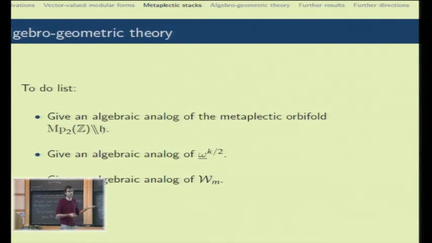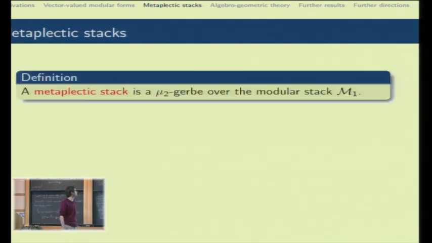When I say algebraic analog, I really should say a moduli theoretic analog. I'm going to interpret this as a moduli space. Then over that, I'm going to construct this omega^(k/2), and then I'm going to construct another stack and give you this algebraic analog of the Weil representation local system. Okay, that's the to-do list.